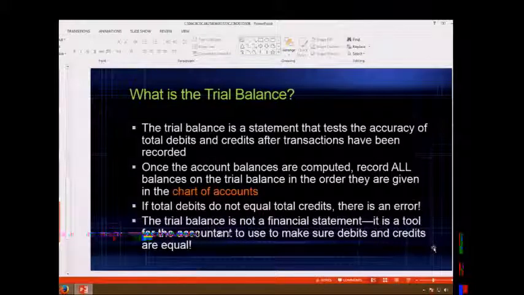The last part of chapter 3 talks about the chart of accounts. They show you an example on page 73 of a chart of accounts. I told you the last couple of classes, when we get into chapter 4, they give us the account numbers for all of the accounts we're going to use.